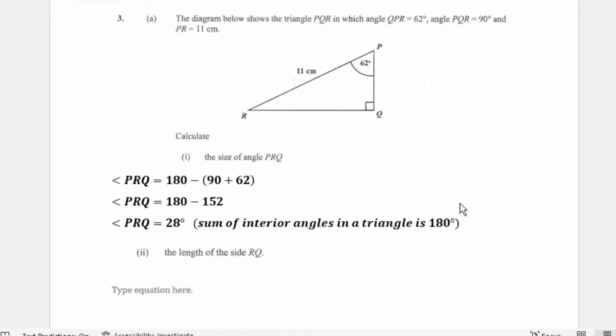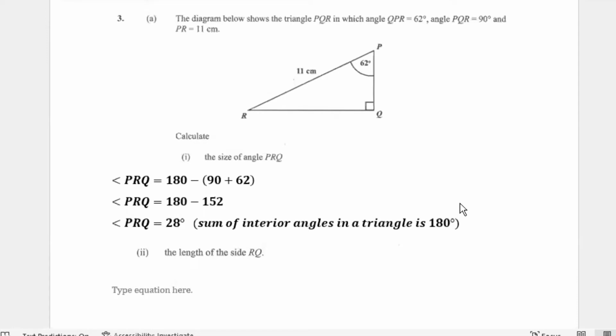Trigonometry, which Shanisa said. Sine rule, no, not the sine rule. Pythagoras Theorem. Can somebody tell me why we can't use Pythagoras Theorem here, please? We don't have 2 sides. Very good. We don't have 2 sides.